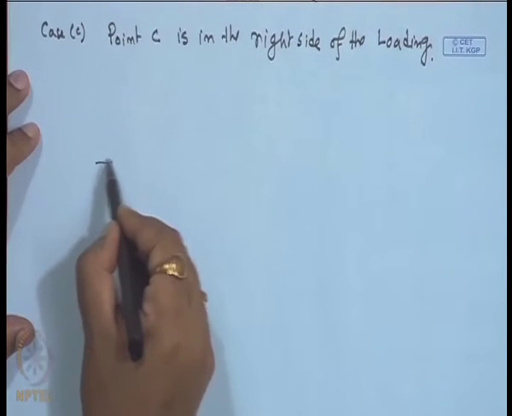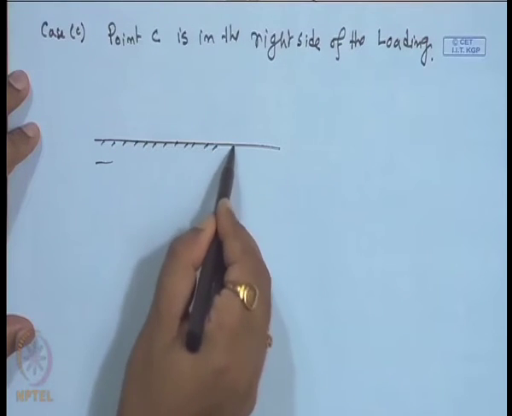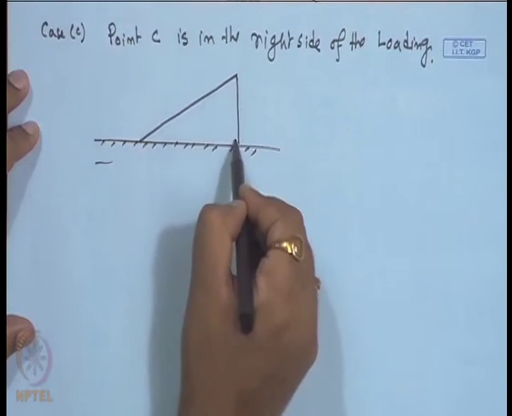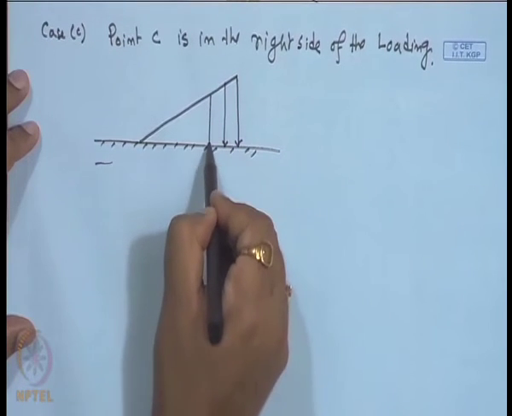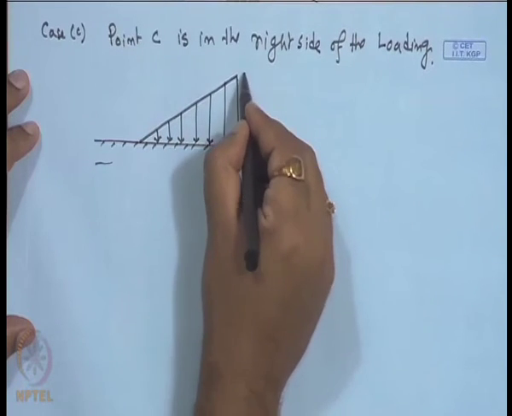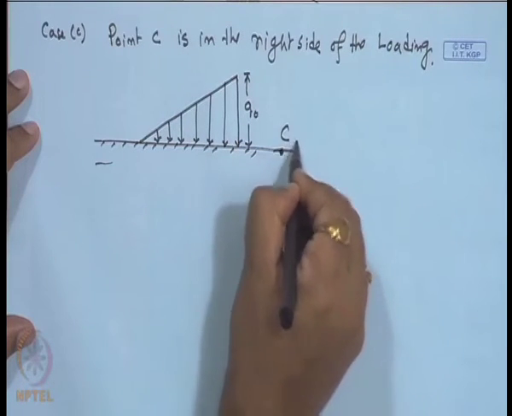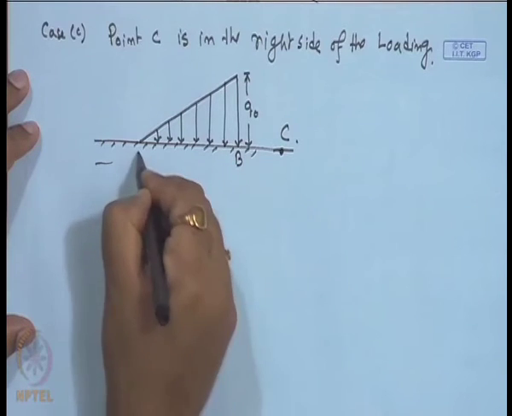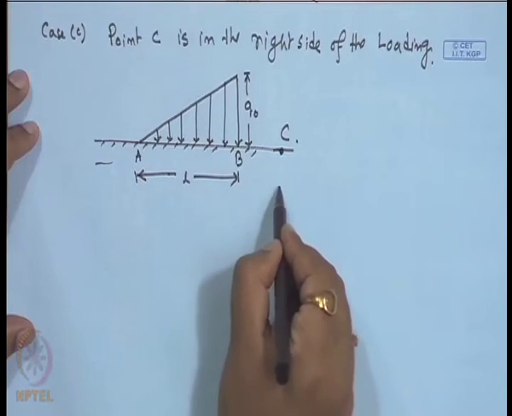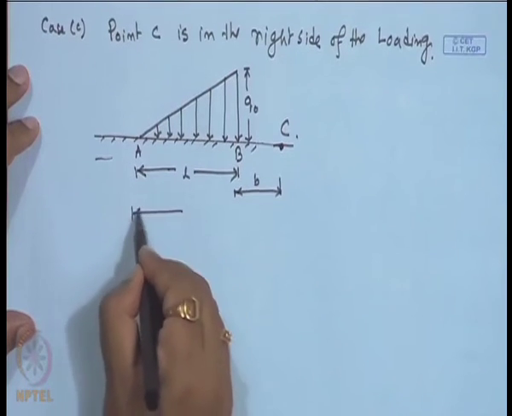So, we have this infinite beam, and this is the triangular loading. This is q 0 and the C point is taken here. Similarly, this is the B point, this is the A point, A to B distance is L, from C to B is b, and from A to C is a.